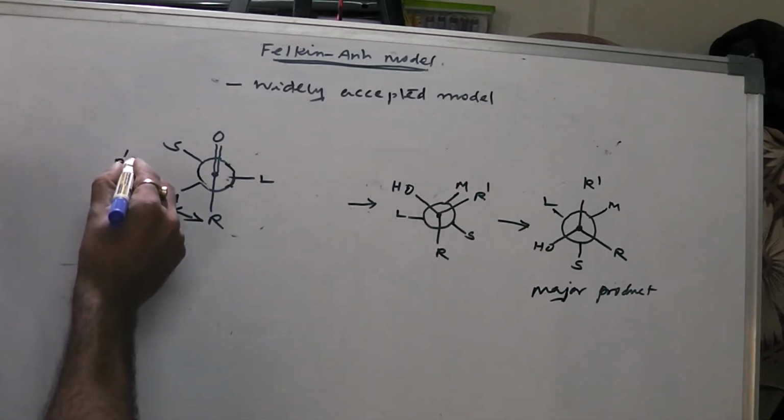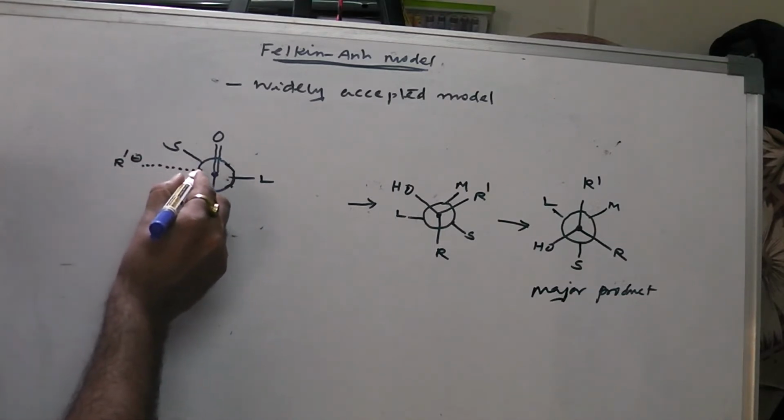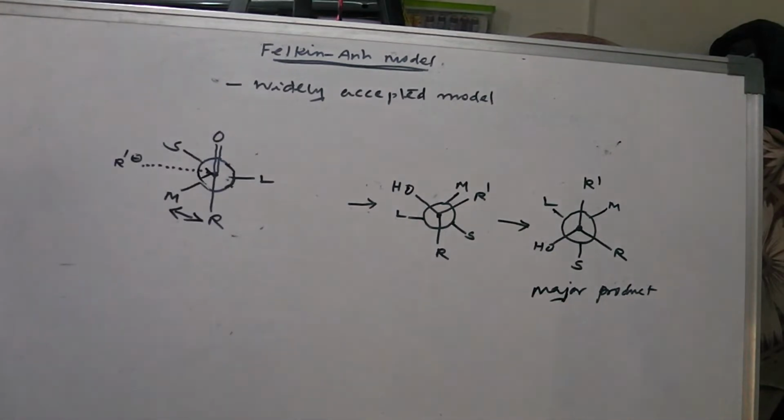R prime minus is attacking the carbonyl carbon.